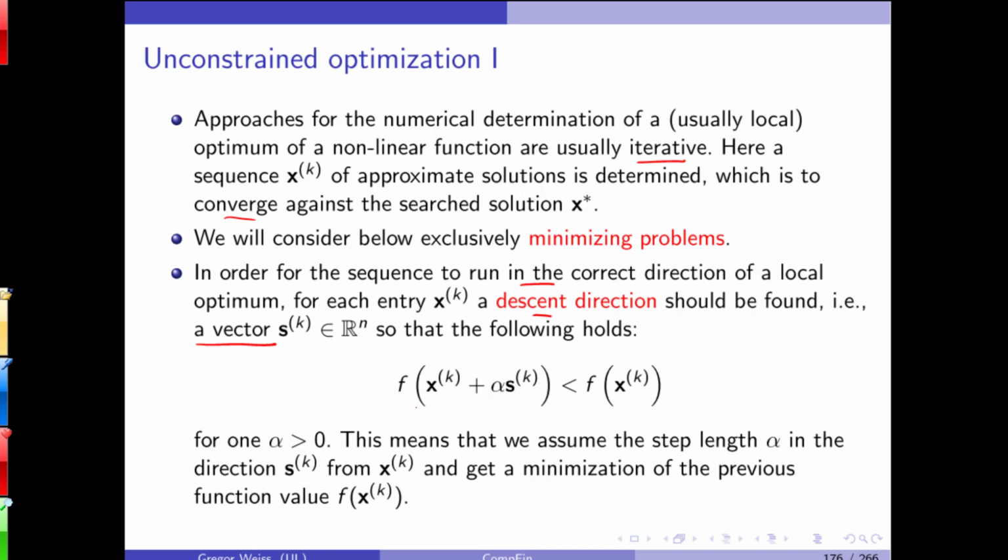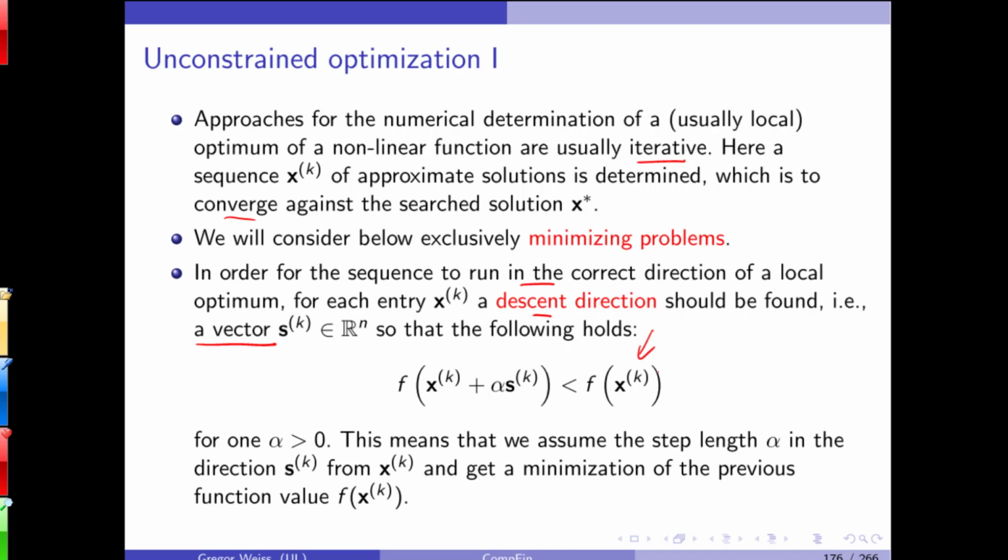F, the function value of the next solution, xk, our current solution, plus alpha times S, should be smaller than the previous function value. So this is where we start at, and we want to improve this solution, xk. So we take xk and we go into the direction of steepest descent.